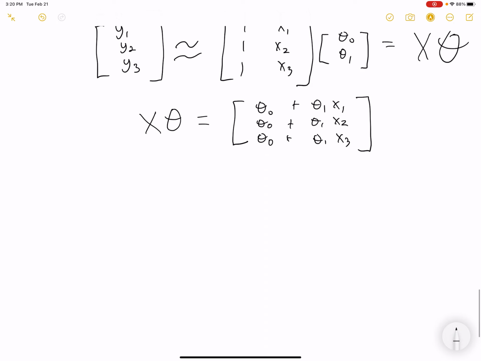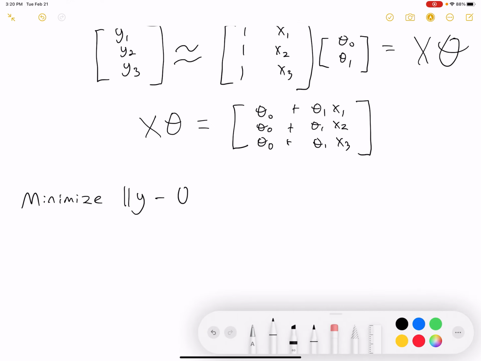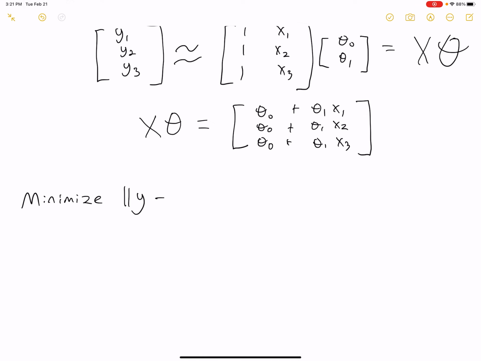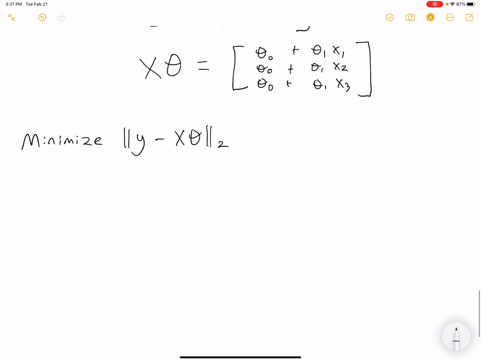And so what we want to do is minimize the mean square error. So we can write that as a linear algebra expression. Minimize the norm, or the distance between the true value y and our predicted values X theta, which is simply the norm of y minus theta 0 plus theta 1 x1 when we expand it out.